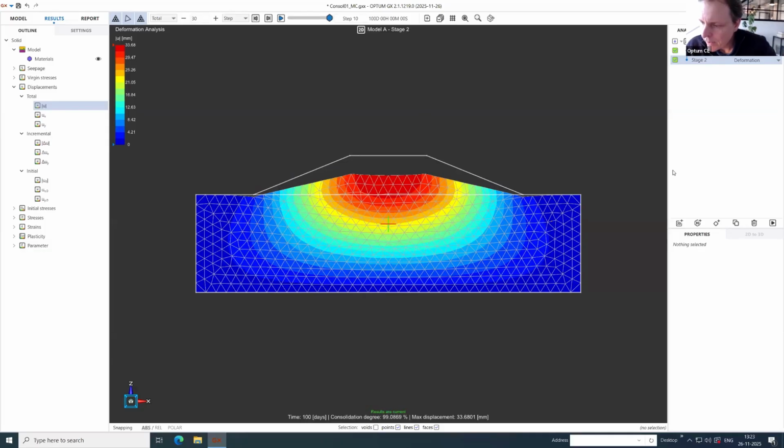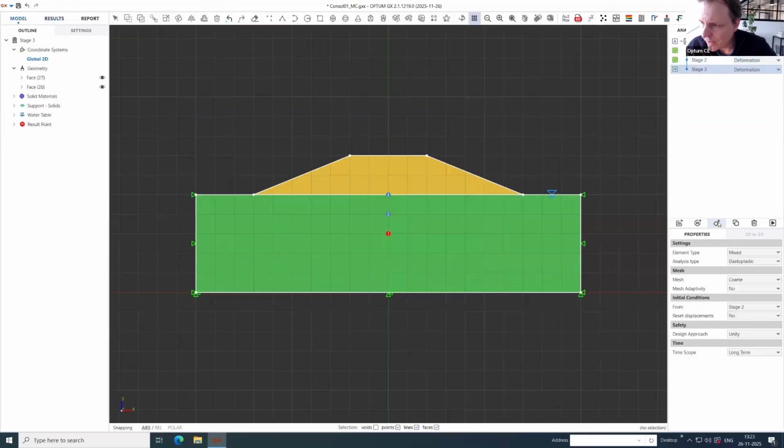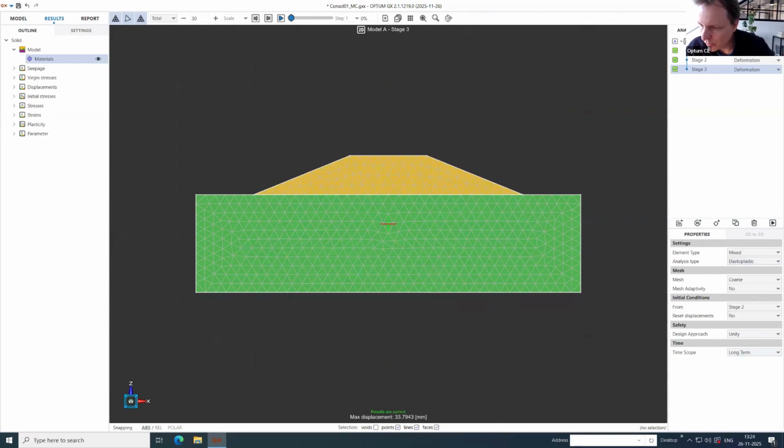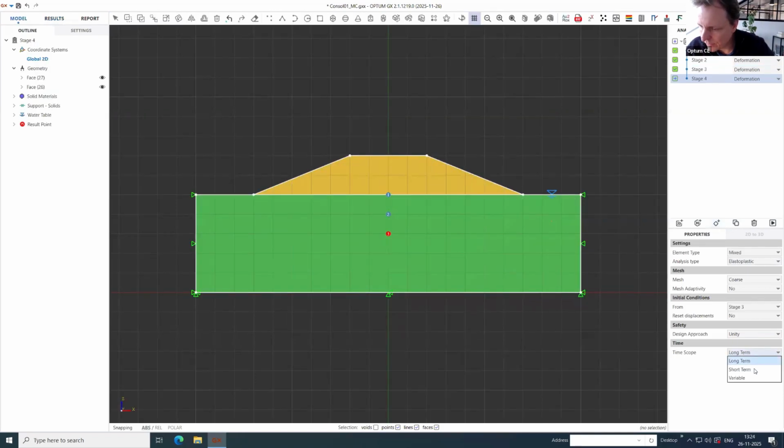I think I forgot to say that it's always a good idea before you run a consolidation analysis, especially if you have a large problem, to just try to run a long-term analysis first. There you get the long-term and also a short-term analysis.